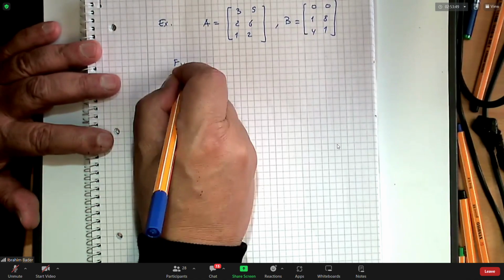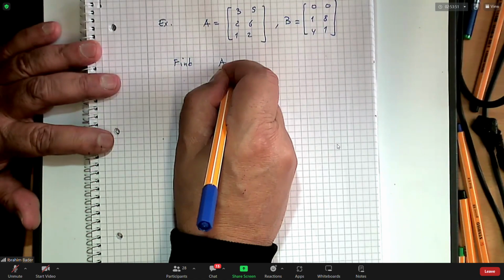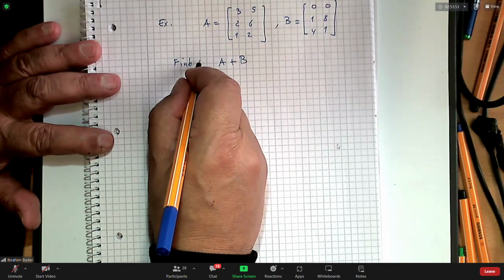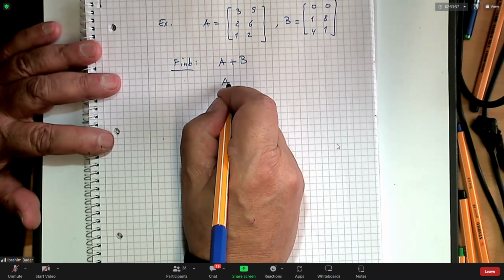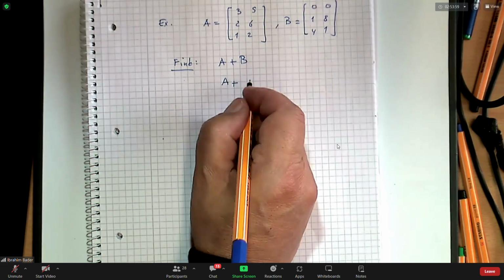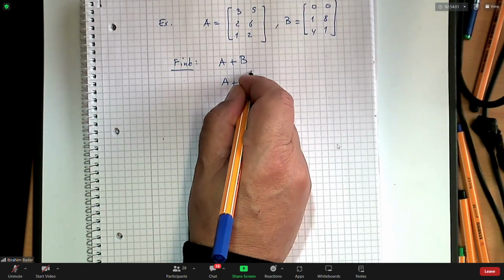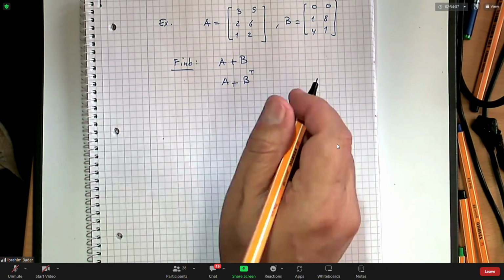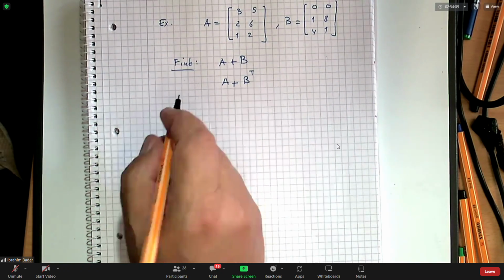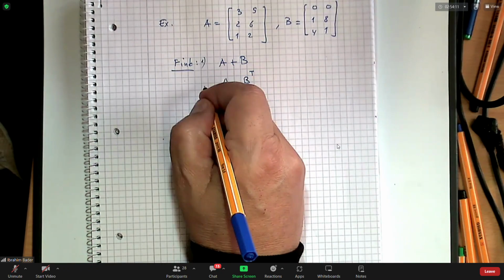Find A plus B. This is the first thing. And A plus B transpose. Okay. So let's start with the first one. Let's call this 1, 2.